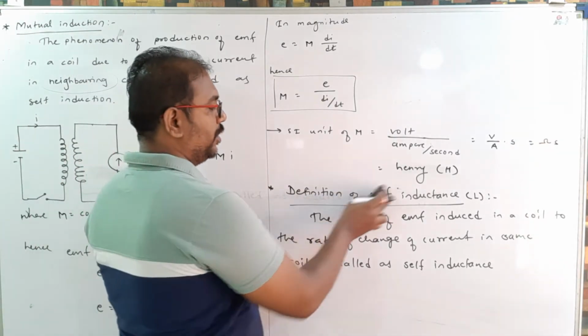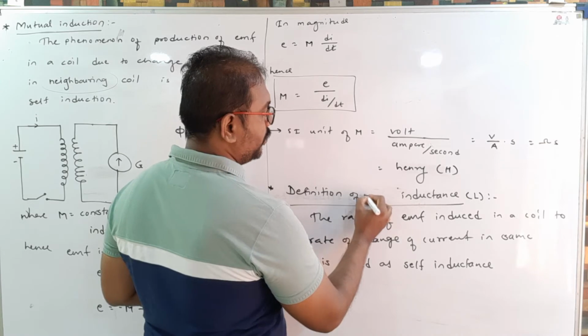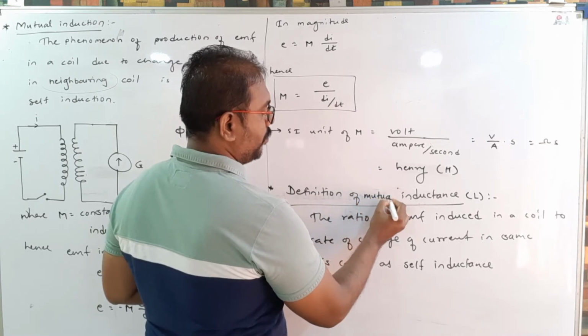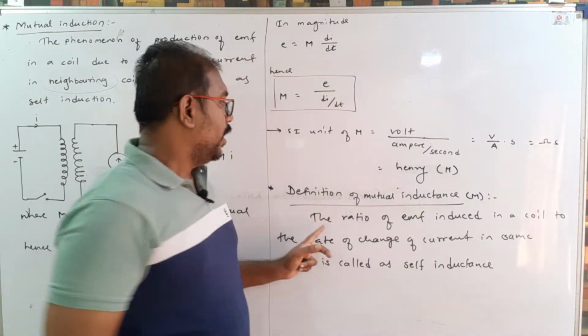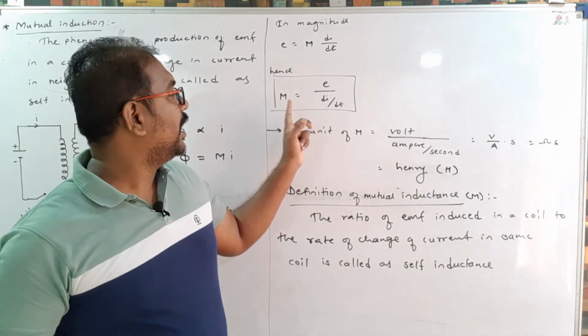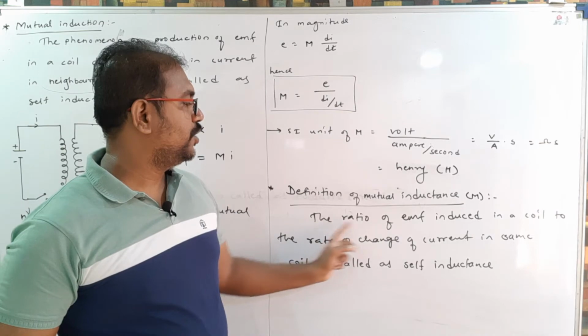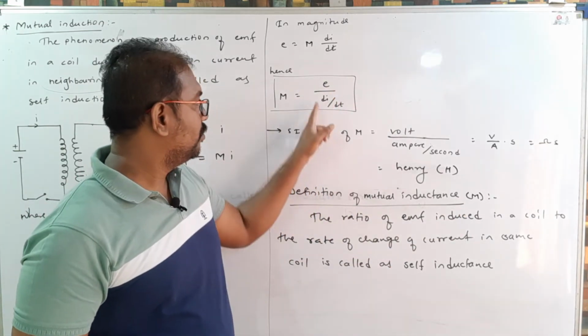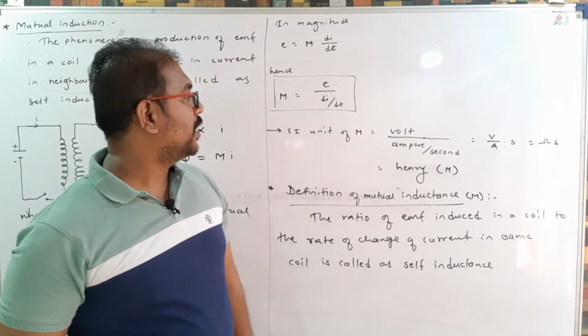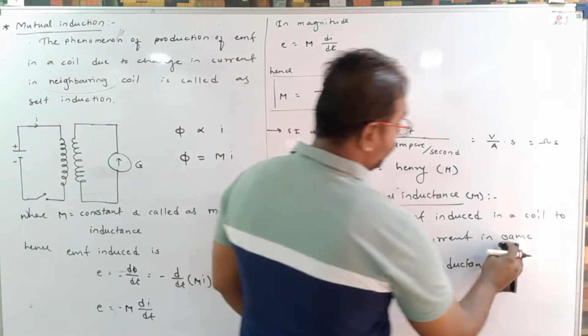Definition of mutual inductance. We can write the definition by using this formula. The ratio of EMF induced in a coil to the rate of change of current in the neighboring coil is called mutual inductance.